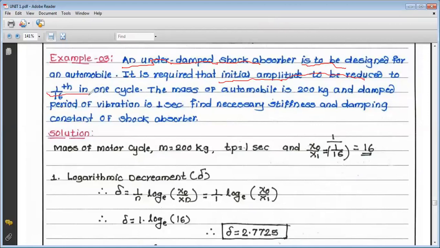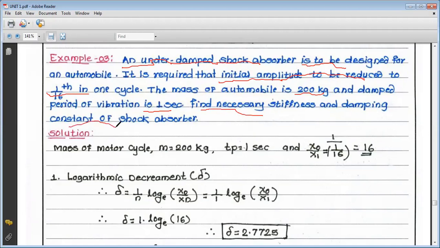For example, initial amplitude is x, then after one cycle there should be a reduction in amplitude by 1/16th into x. The mass of automobile is given, that is 200 kg, and damped period of vibration, TP, is equal to 1 second. Find the stiffness and damping constant for the shock absorber.